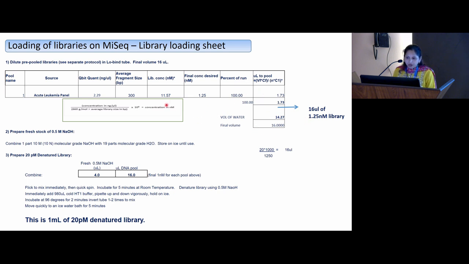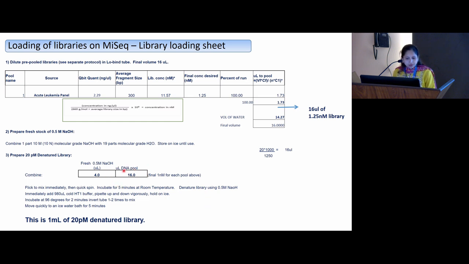So after converting this, we need to add 1.73 microliter of the library to 14.27 microliter of water to get a total of 16 microliter of the 1.25 nanomolar library. We first denature it using 0.5 molar NaOH.